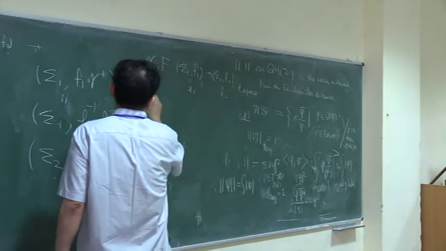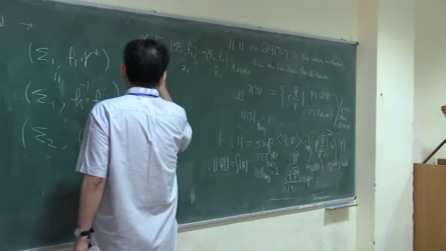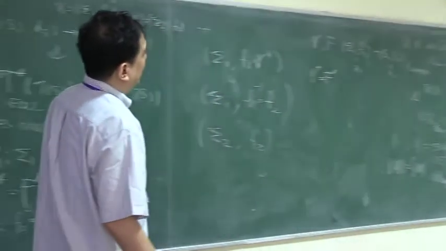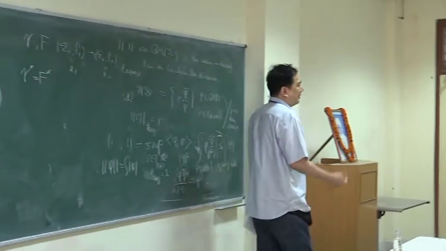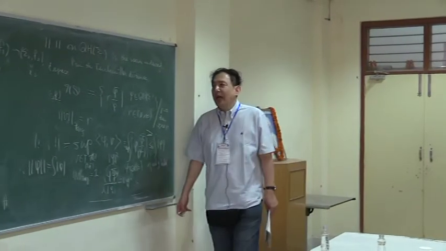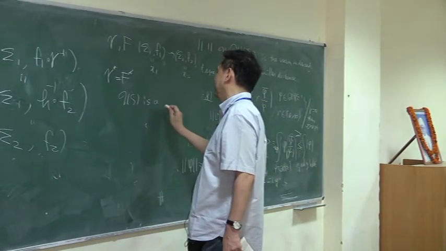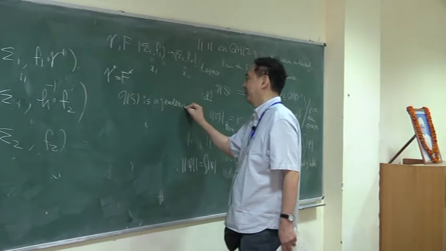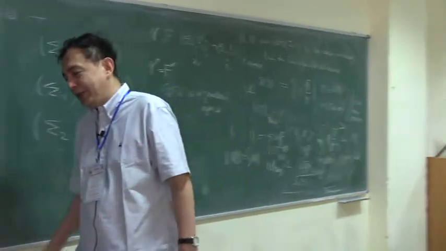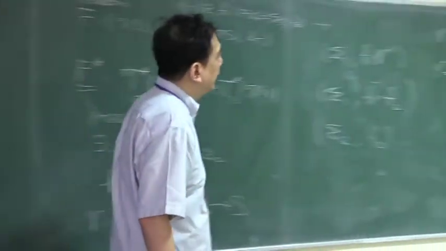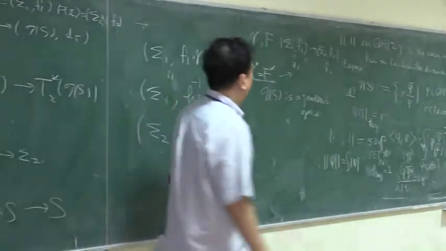And also the map induced on the cotangent space is the same. Now, Teichmüller space is a geodesic space, so every two points can be connected by a geodesic. So if these two are equal, they also induce the same map on the tangent space.